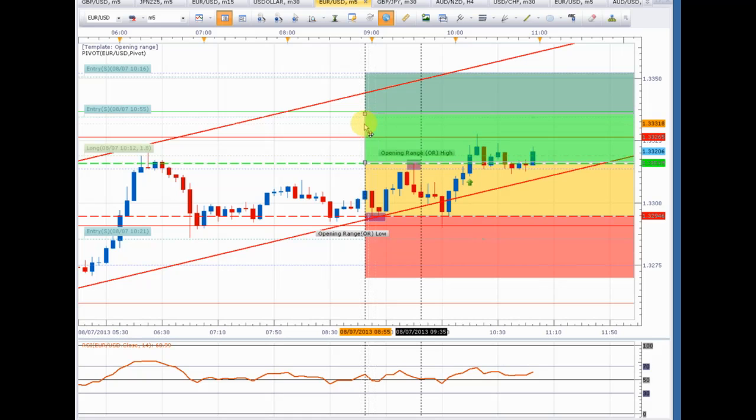So again, I take the range. That is my stop, and then I use a 1-to-1 for half my trade, and the other half I let go to break even as a stop, and then look to get that 2-to-1 target that's just above. So I hope that's clear.